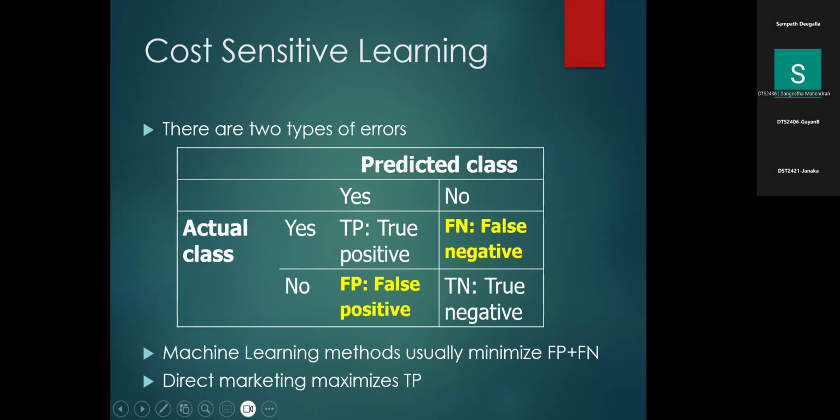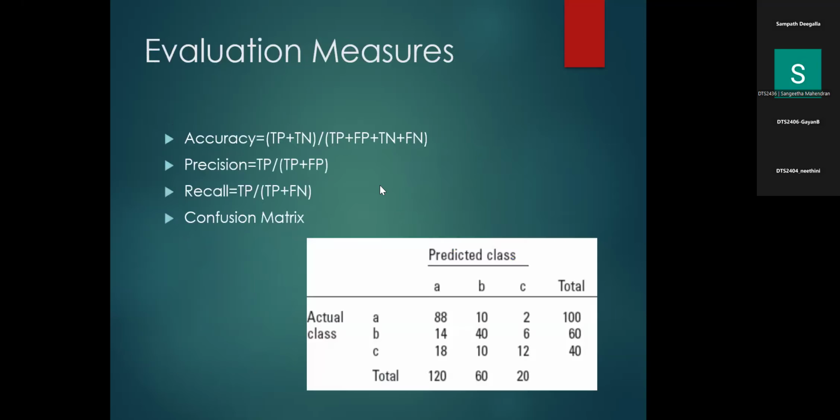Which one is more critical? Cost sensitive means that the errors you make in a classifier have different meanings, different costs involved. In the cancer patient case we discussed, classifying a cancer patient as a non-cancer patient is more dangerous than classifying a non-cancer patient as a cancer patient.